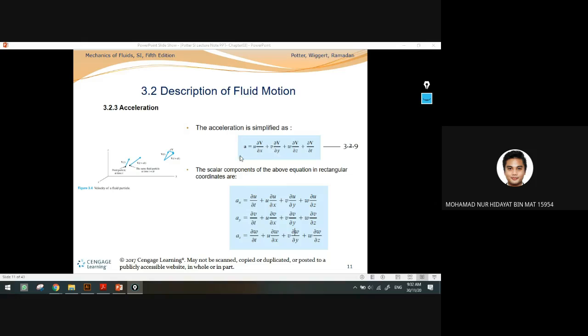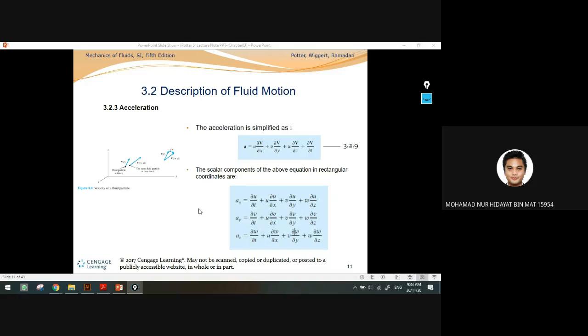We have simplified further. Alright, so when we talk about the scalar components of the above equation in rectangular coordinates, the rectangular coordinate consists of x, y, and z directions. From here, we expand in terms of x, y, and z components. Here they are. This is the function of time, you can see, and here is the function of space.